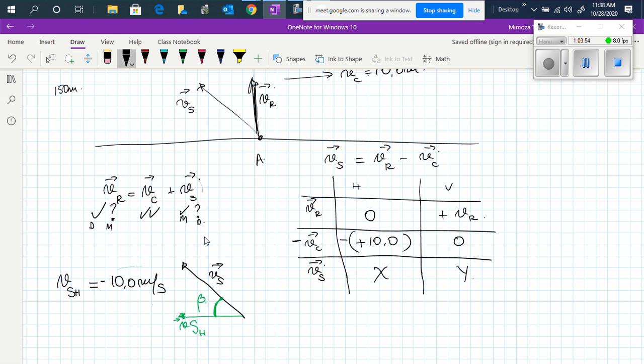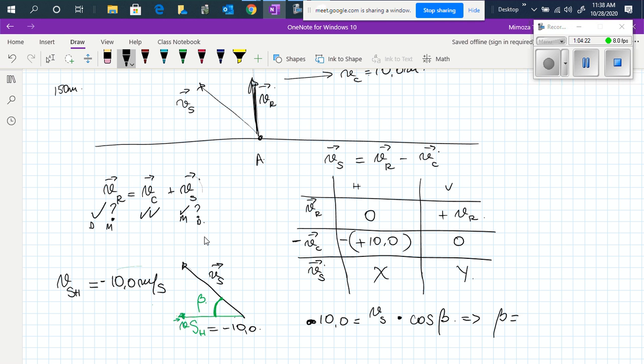So negative 10 is equal to the velocity of the swimmer times cosine of angle beta.